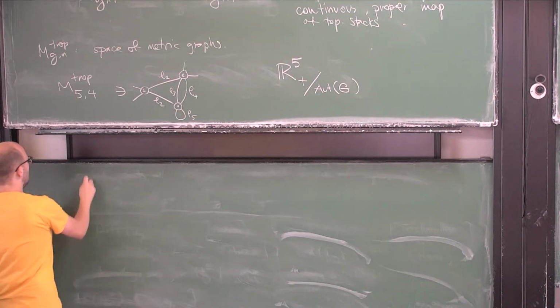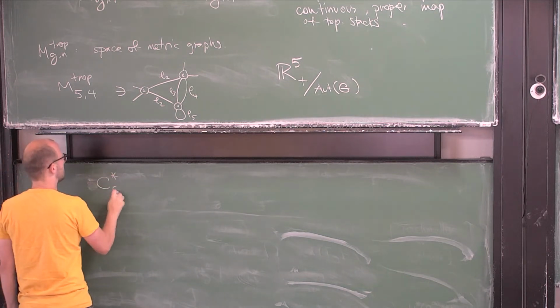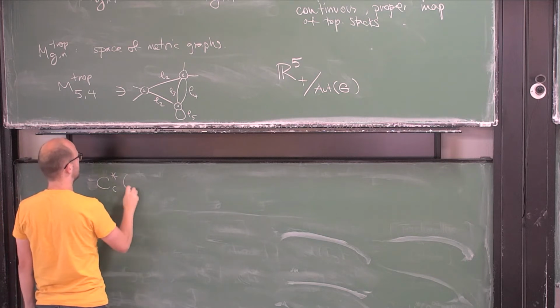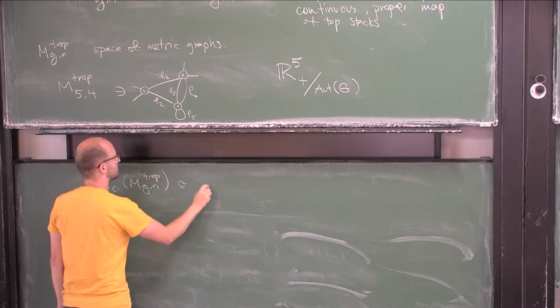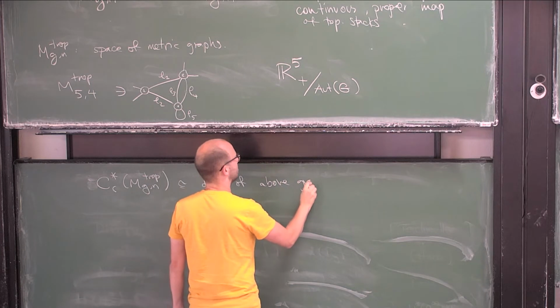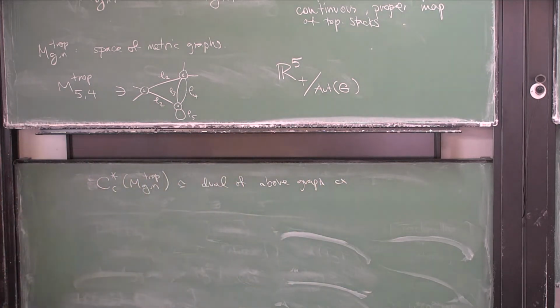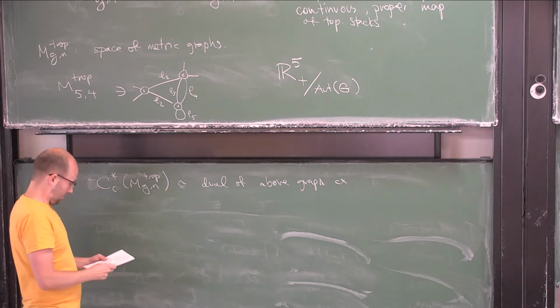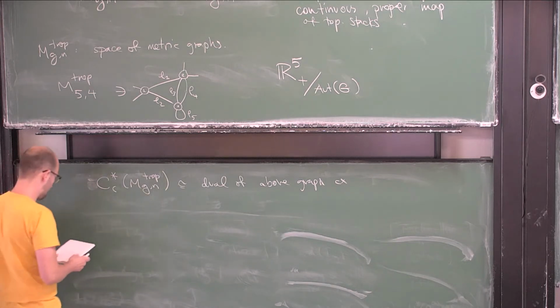Not quite, sorry. The differential is edge expansion instead of edge contraction. So that's the space M_{g,n}^trop. It's glued together by cells this way.